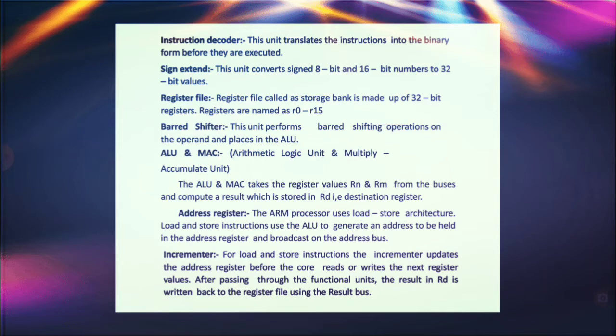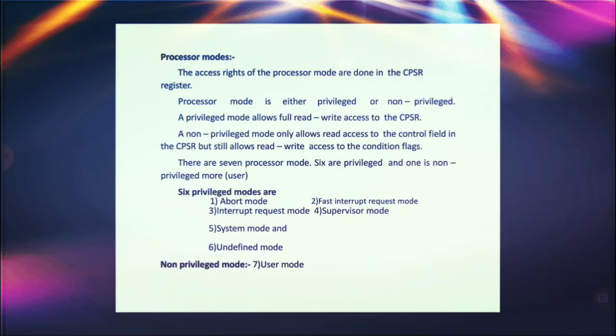After passing through the functional block units, the result in RD is written back to the register file using the result bus. Processor modes. The access rights of the processor mode are done in the CPSR register. A processor mode is either privileged or non-privileged.